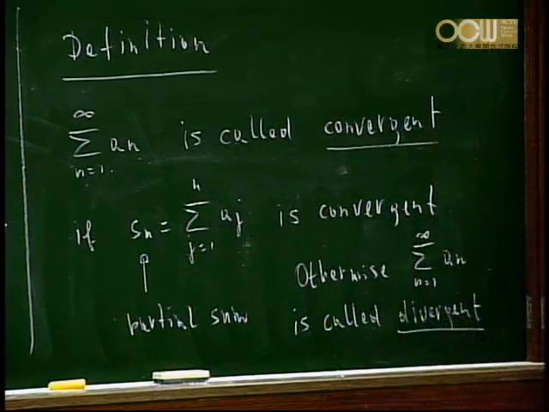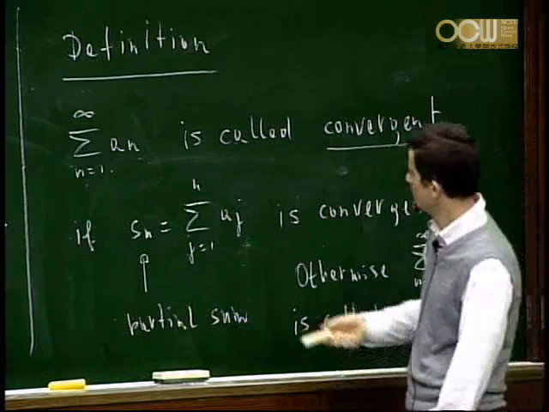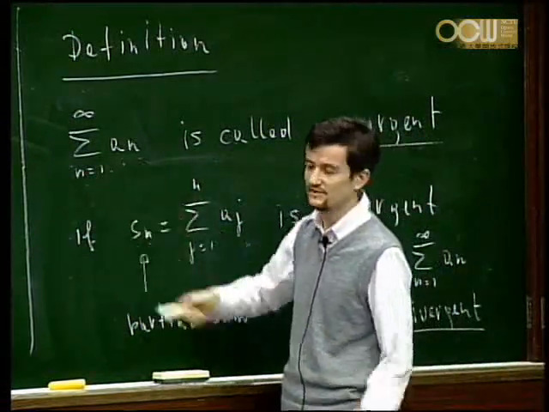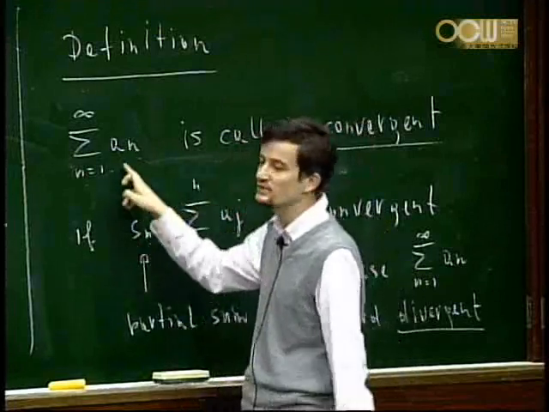Now, in case of convergence, the limit of this sequence is called the sum. Maybe I should stress this once more: it's not really that we sum up here.